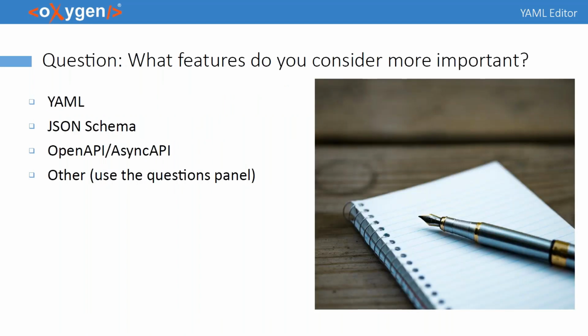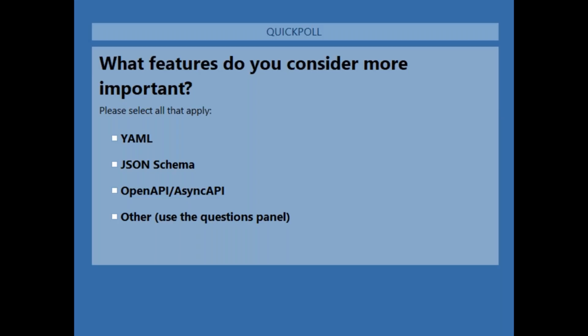I have another question for you here. What features do you consider more important for you? And I added here the features that I presented, but you can also respond with other features that you consider important for you.